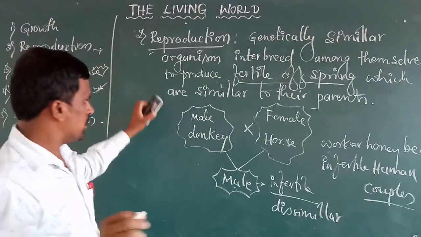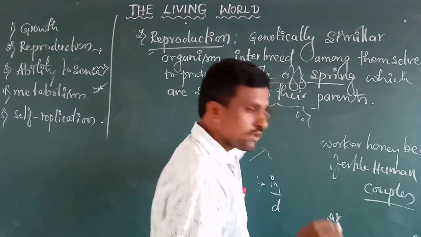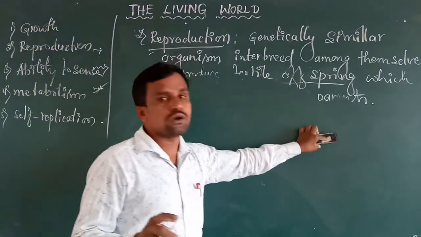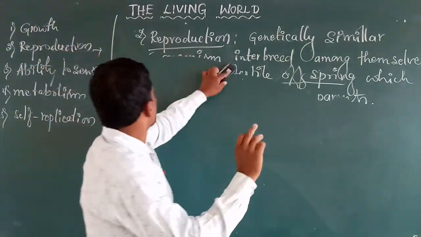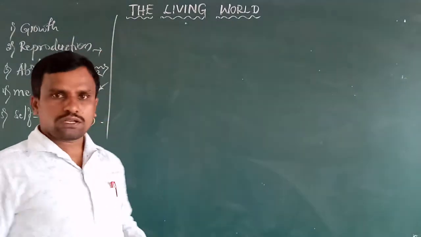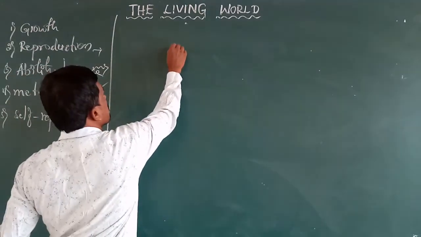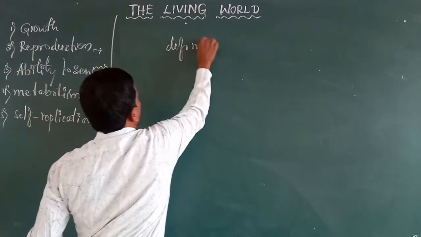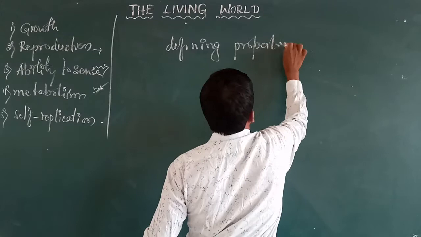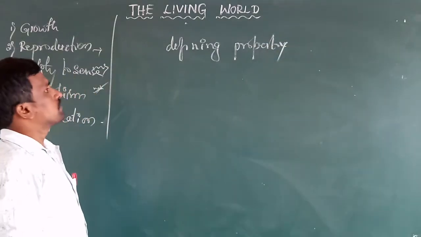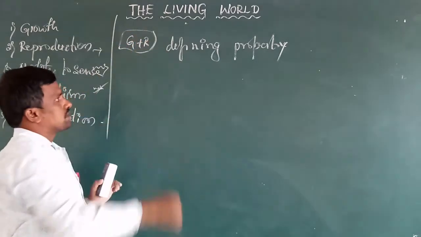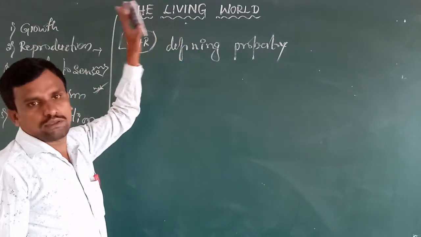So finally, growth and reproduction are not considered a defining property of living organisms.